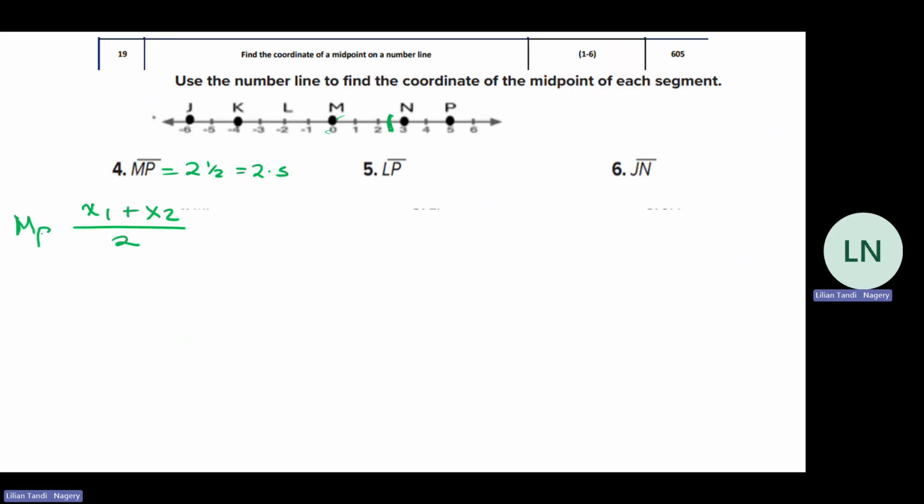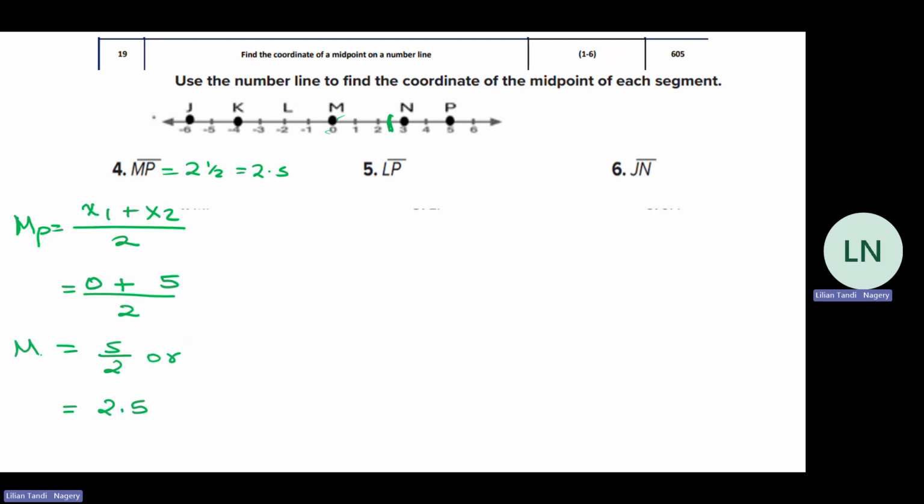You're finding the midpoint. x1 is m, which is 0, plus p, which is 5, divide by 2. That will give you 5/2, or it will give you 2.5.